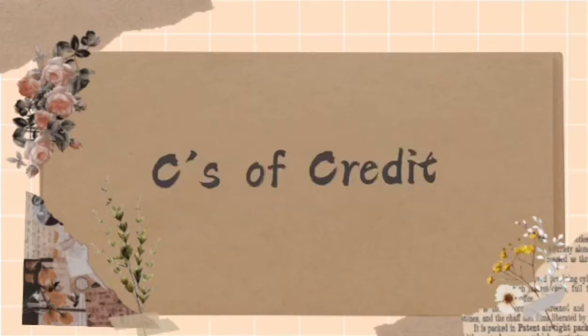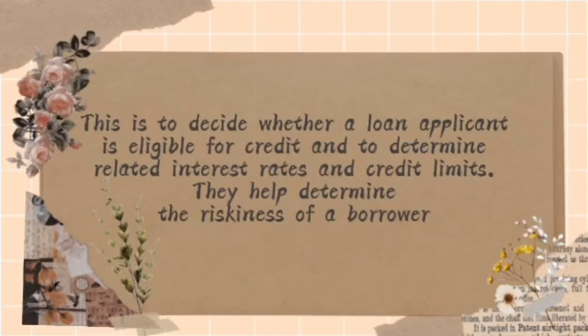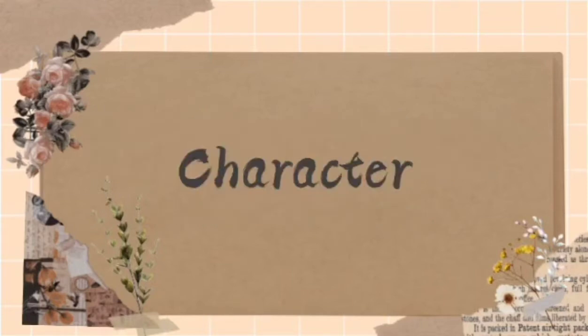The C's of credit are character, capacity, capital, collateral of the borrower, and the prevailing conditions surrounding the business. This is to decide whether a loan applicant is eligible for credit and to determine related interest rates and credit limits. They help determine the riskiness of a borrower.